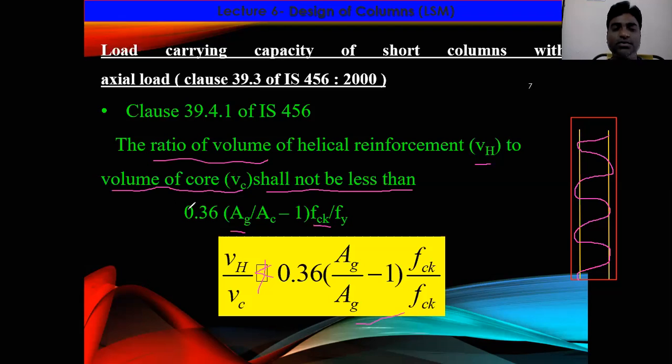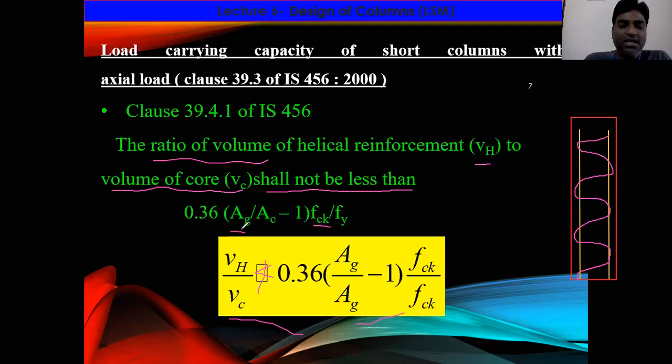So if the column is helically reinforced, first you need to check this condition, whether the 5% increment is allowed or not, right? That is very, very important.